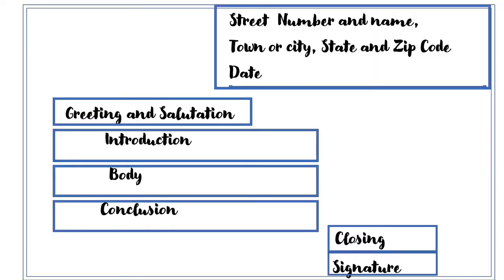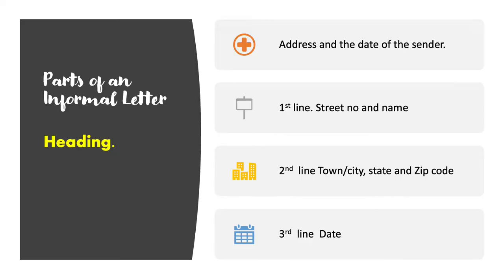Now let's see a general format of a letter. Heading is on the top right hand corner, and then greeting and salutation on the left hand corner, then the short introduction, then body, and after that comes the conclusion, then close the letter followed by the signature. Now let's see how we write the heading.